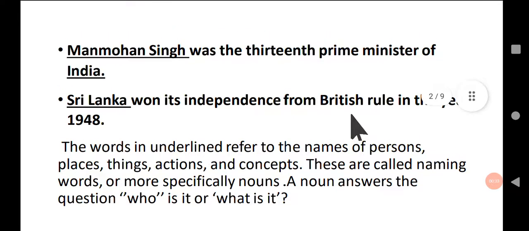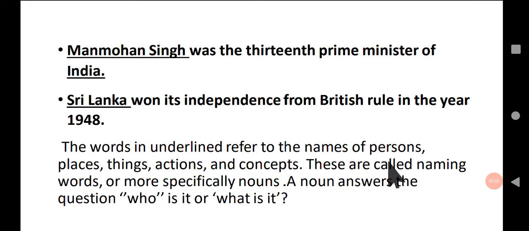Look at the statements given. Manmohan Singh was the 13th Prime Minister of India. Sri Lanka won its independence from British rule in the year 1948. If you look at these two statements, you can focus on the underlined words, which usually speak about names. These underlined words refer to the names of persons.